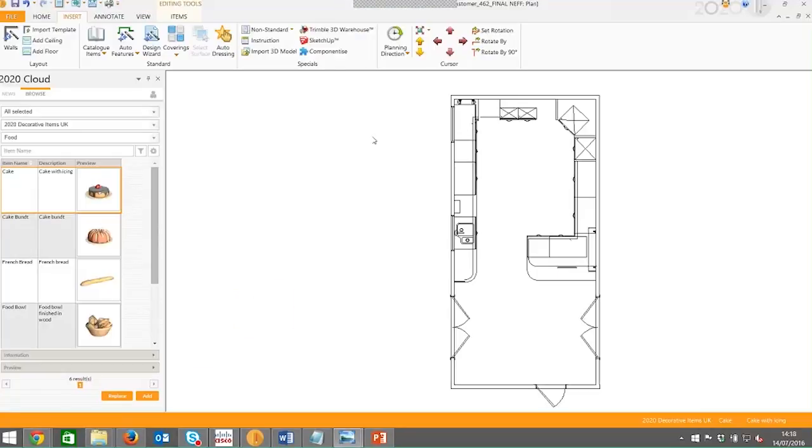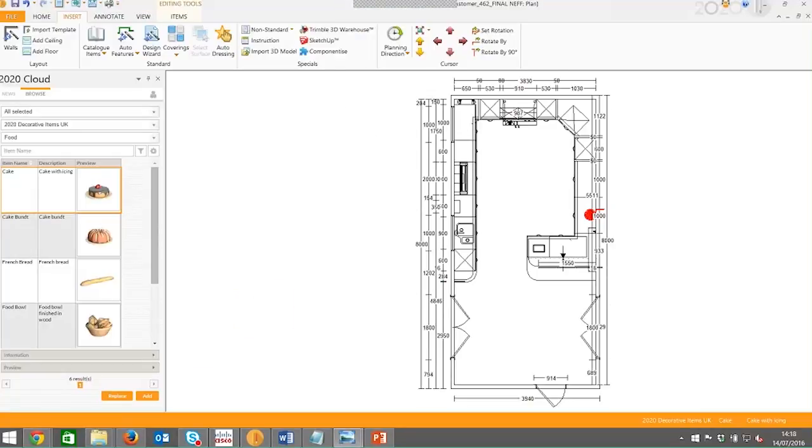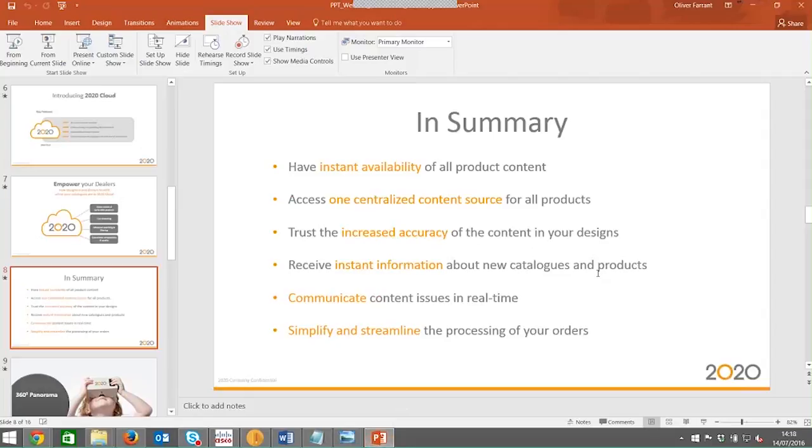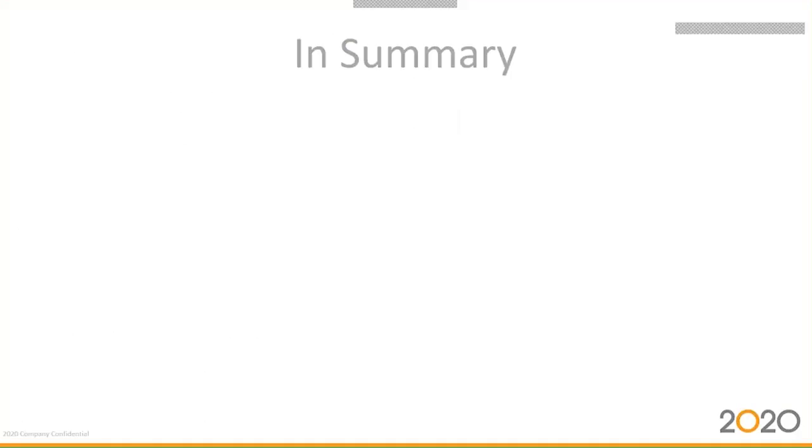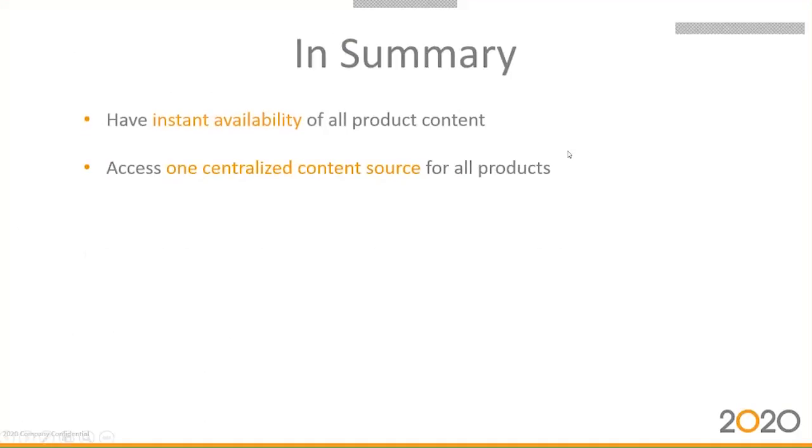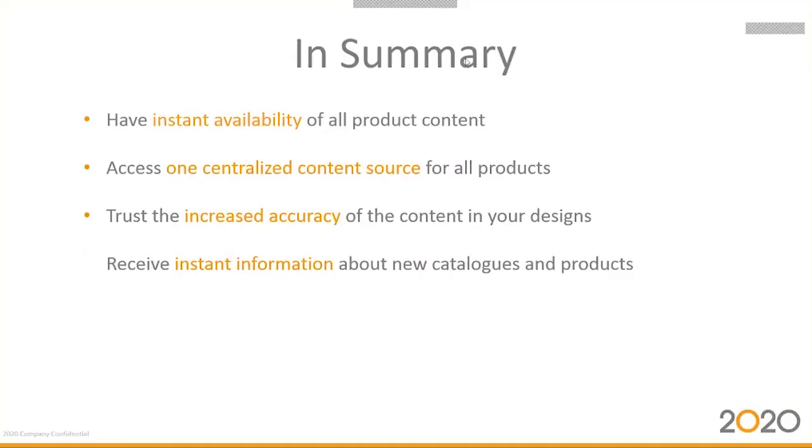Okay, so that was a quick demo of the 2020 Cloud. I'm going to switch now back to my presentation. Okay, so this slide that I'm showing now is just a summary of the key points of the 2020 Cloud.